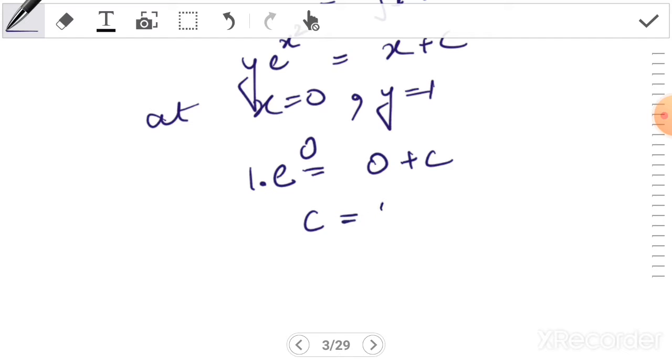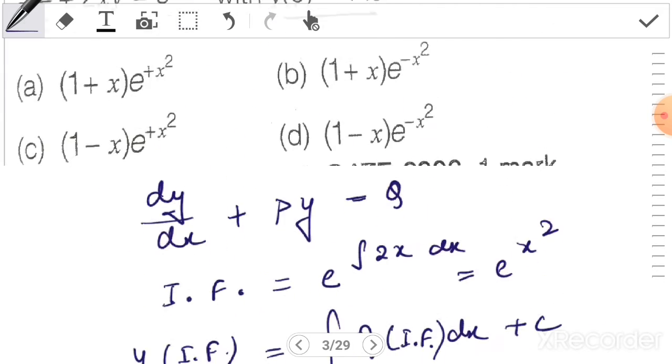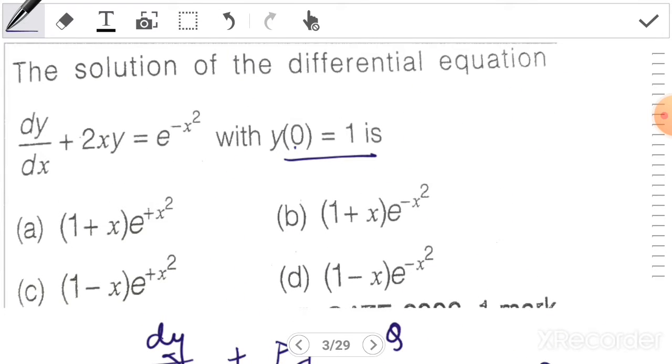That means c is equal to 1. So the solution will be y e^(x²) is equal to x plus 1, or y is equal to (x plus 1) times e^(-x²). Right? So this is the final solution. Okay. Now let's go to the next problem.